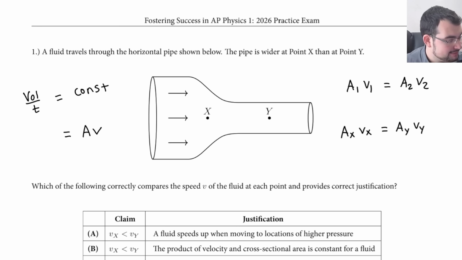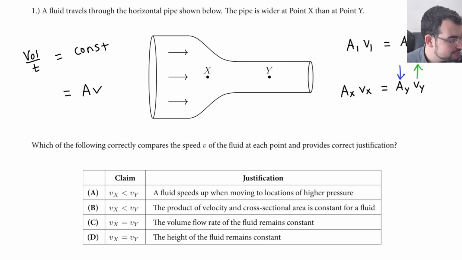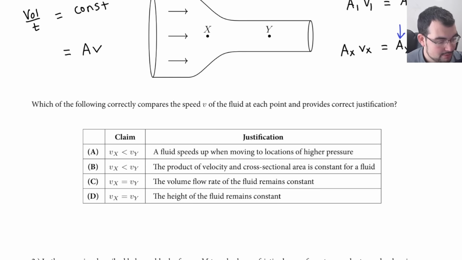We're given in this problem that the area is wider at x, so my area is shrinking at y. So the velocity must go up proportionally to maintain that same product. So we can see that our fluid is going to speed up because we used the continuity equation. That's just B.